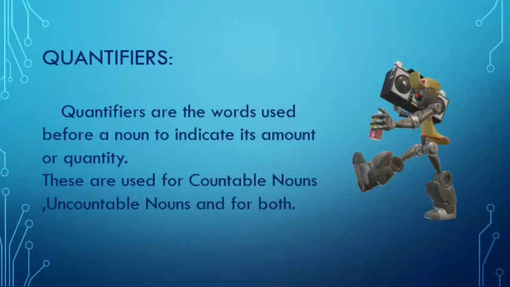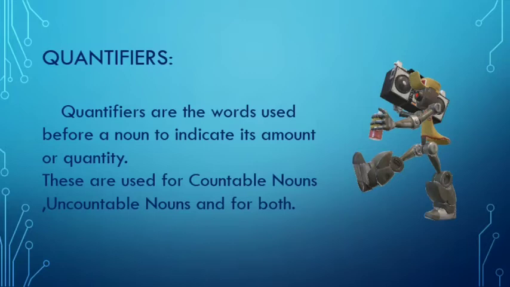Before I get into quantifiers, I would like to talk about countable and uncountable nouns. Children, we already discussed countable nouns and uncountable nouns in class, so let me just revise the meanings of both. What are countable nouns?